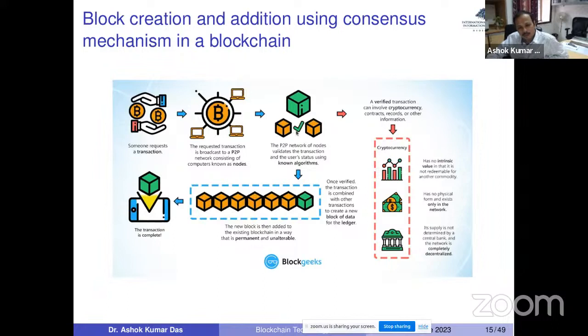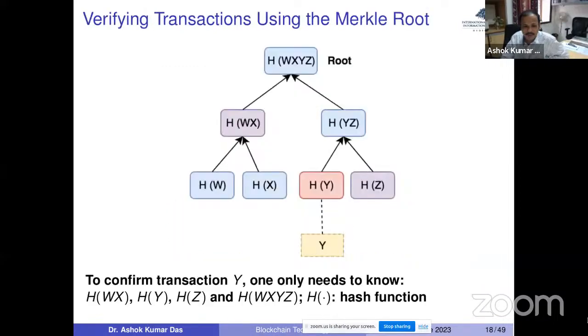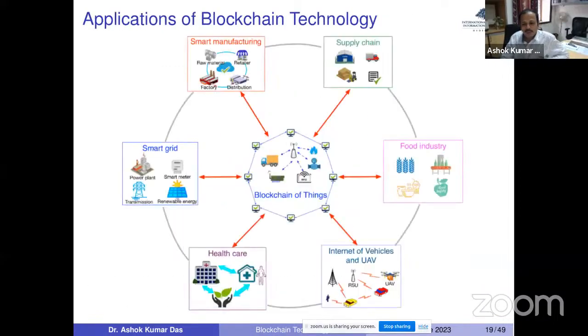And once this algorithm confirms that this transaction is valid, only then will the transaction be put in a block in the blockchain and be treated as a complete transaction. So that is how Bitcoin or cryptocurrency basically works.